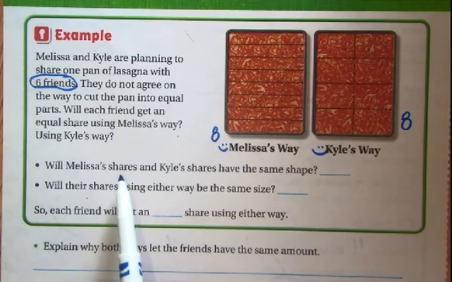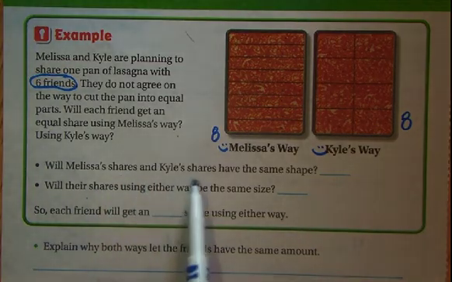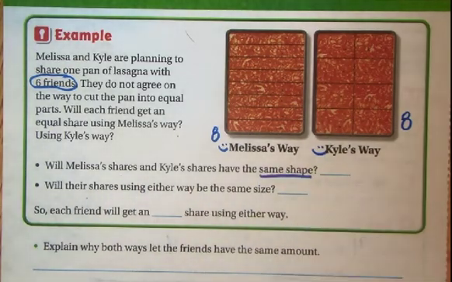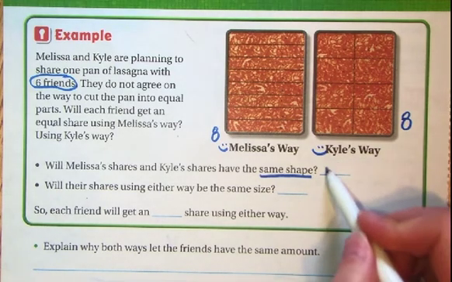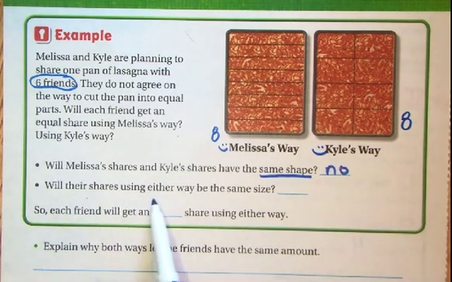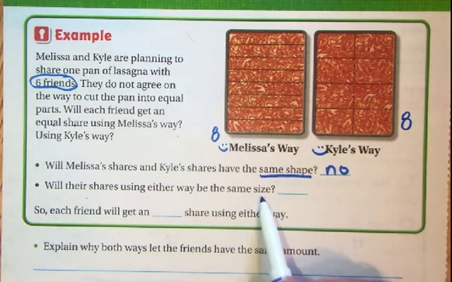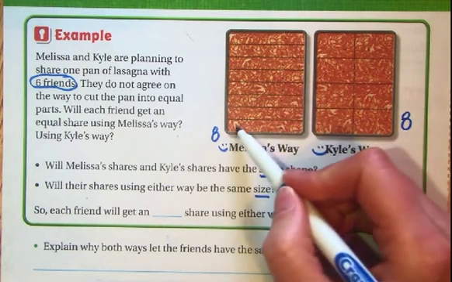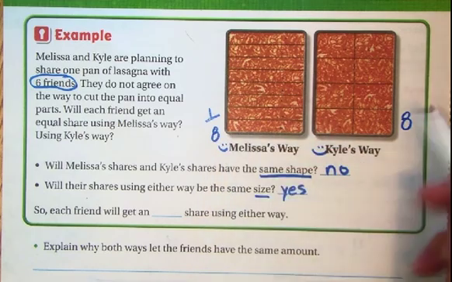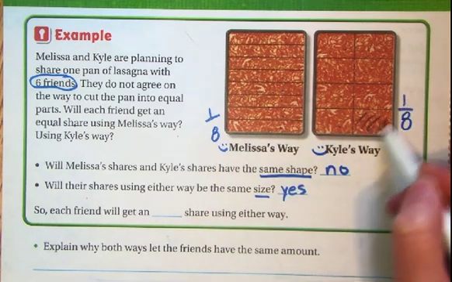Will Melissa's shares and Kyle's shares have the same shape? No. Will their shares using either way be the same size? No. Technically, yes. Luke, you're right, because this is 1/8 and this would be 1/8.